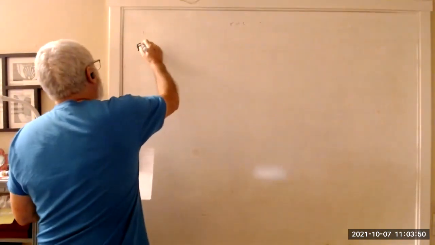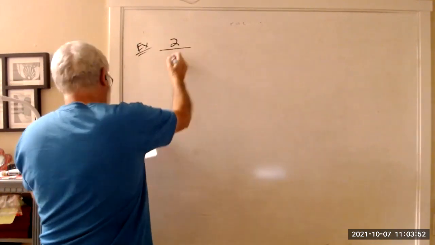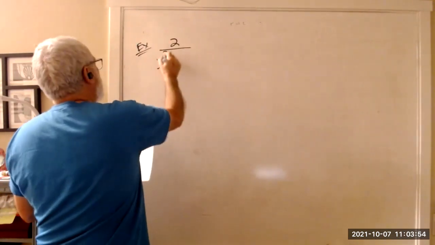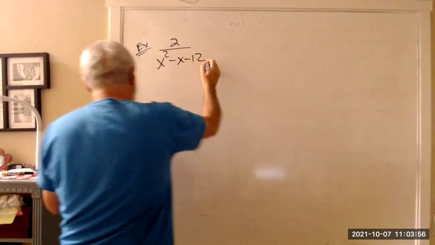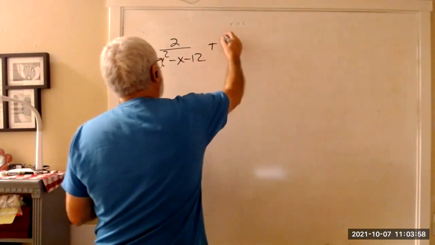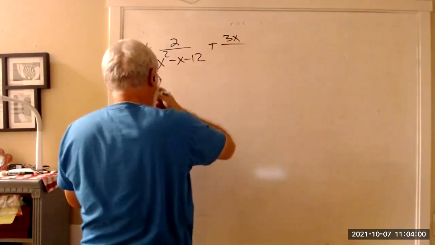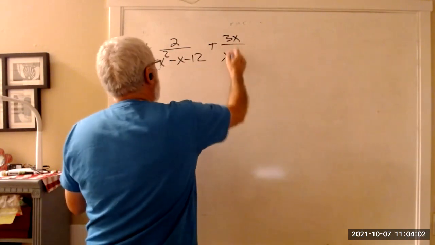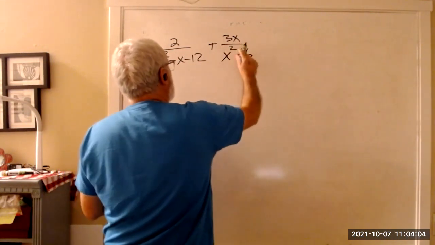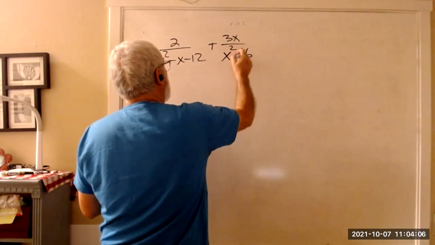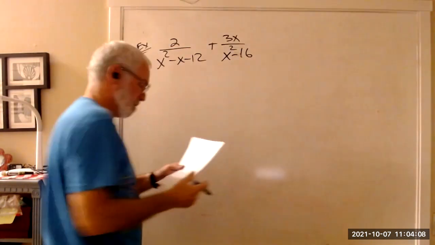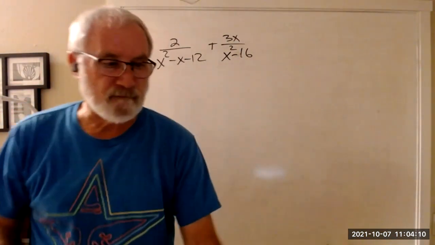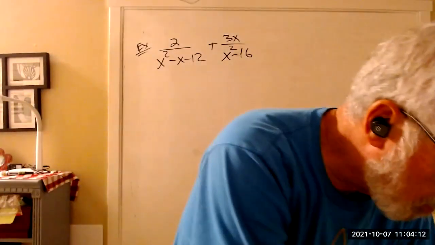Let's have you guys try this one: 2 over x squared minus x minus 12 plus 3x over x squared minus 16. Okay, so let's pause.